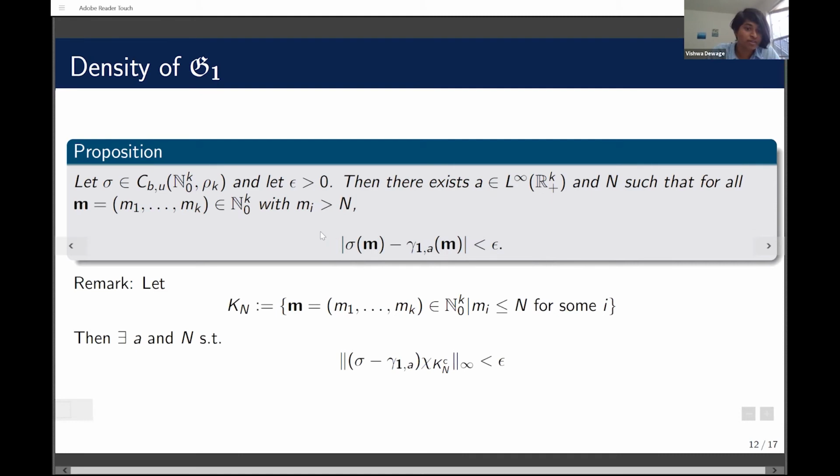Now we can rewrite this. If we define the set Kn to be things in N naught k such that at least one of the mi's is less than or equal to n, then this can be rewritten as the sup norm of sigma minus gamma 1a restricted to Kn complement is less than epsilon.